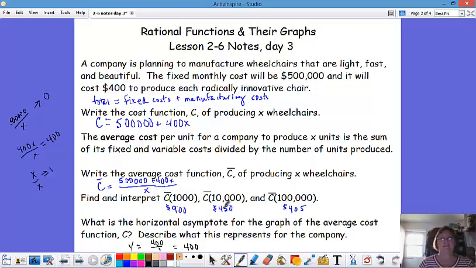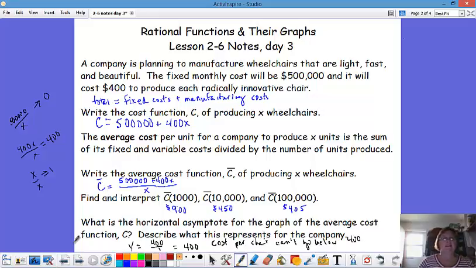I'll bet you can. This is the lowest cost to produce a wheelchair. Cost per chair will never go below $400.